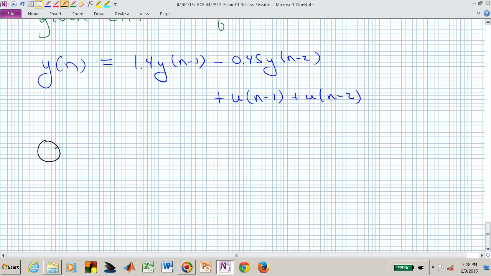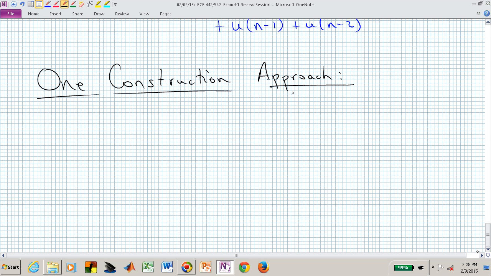Here, let me just say that here is a slightly different way of coming up with a state space representation. I will just say one construction approach. Meaning if you looked at this in the solutions and you go, I have no clue where he came up with this, this is going to hopefully help that process.